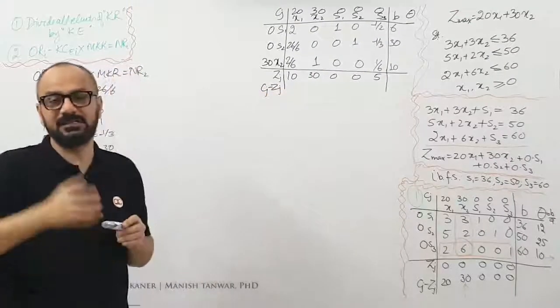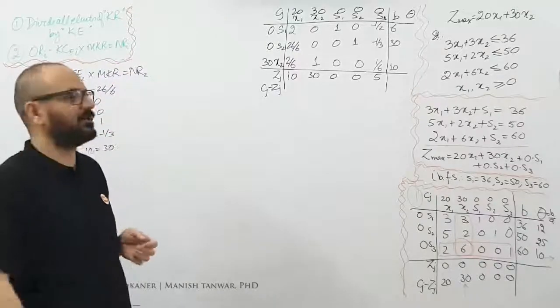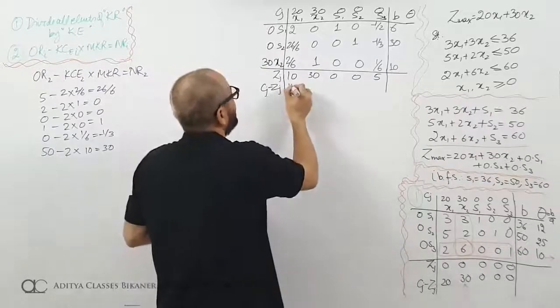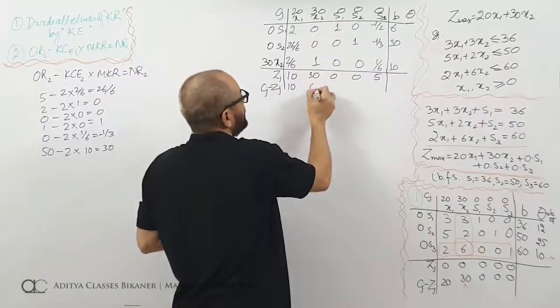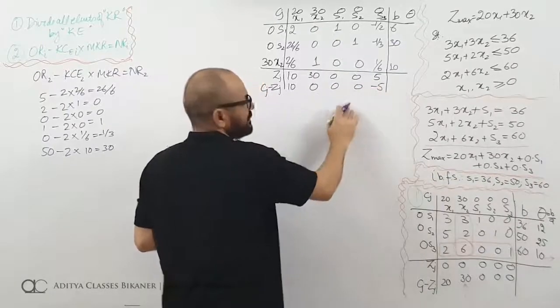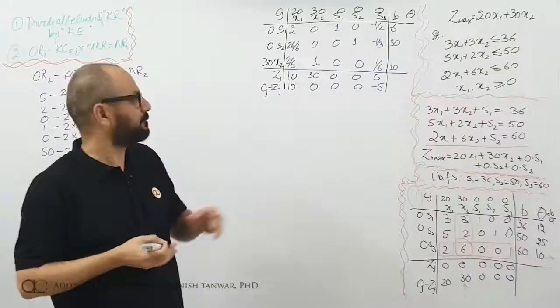Net evaluation row. This is the row that will tell me who is the next incoming variable and who is the outgoing variable. 20 minus 10, 10. 30 minus 30, 0, 0, 0 and minus 5. So these three are 0. They cannot contribute anything to your solution now.